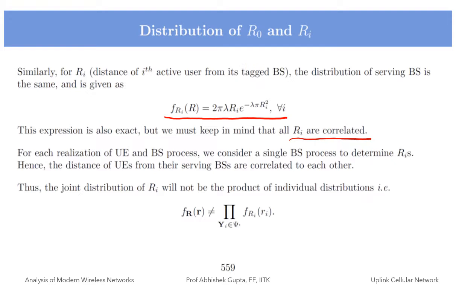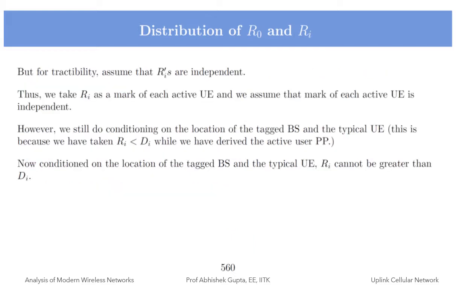This in general means that Ris are not independent. It means if you want the joint distribution of R1, R2, R3, then that will not be equal to the product of the individual distributions. But again, you will see that if you try to compute a joint distribution of Ri, it will be very complicated and the analysis cannot be done.